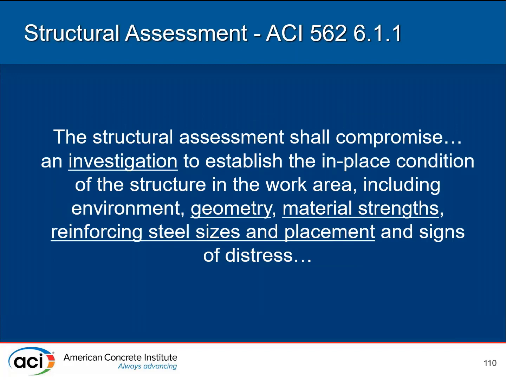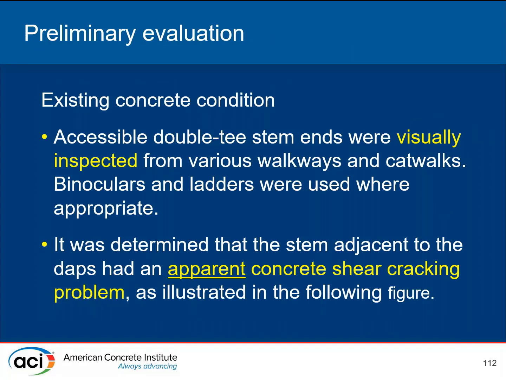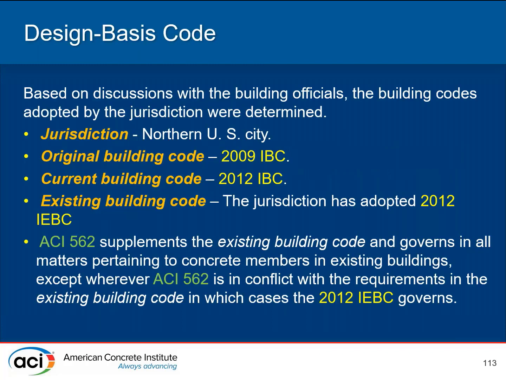That was a more in-depth investigation where they looked at the geometry, material strengths, and reinforcement sizes. This is just part of the preliminary evaluation. This cross section was developed to explain what was going on based upon the initial information they had. They did a visual walkthrough, using binoculars and whatever accessible areas, and they said yes, there's a problem.